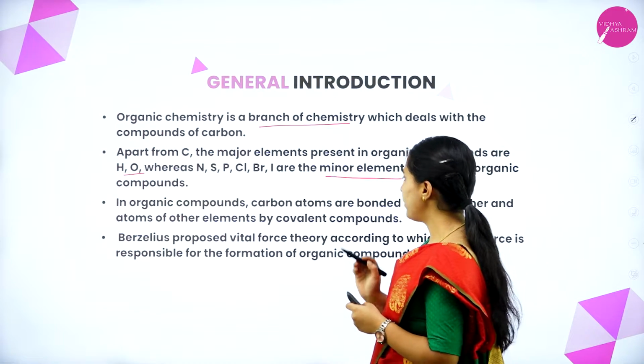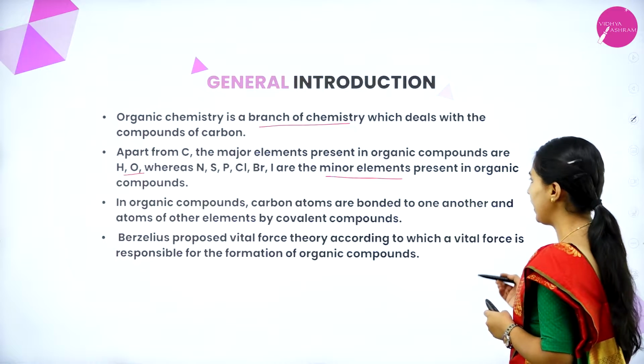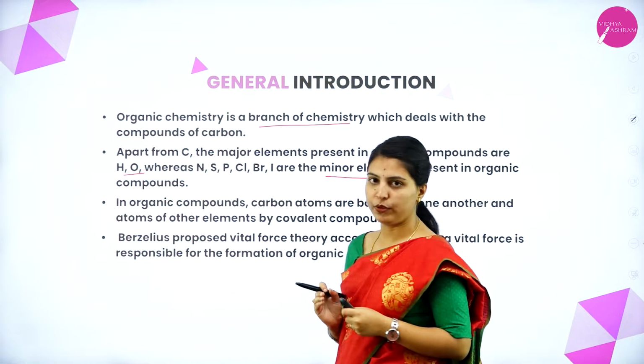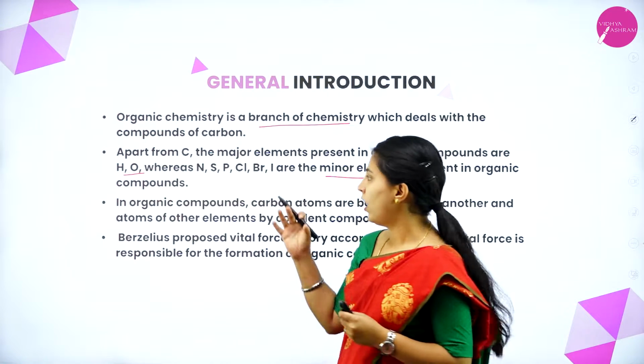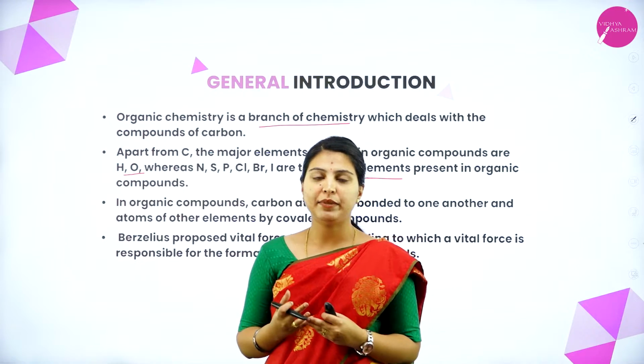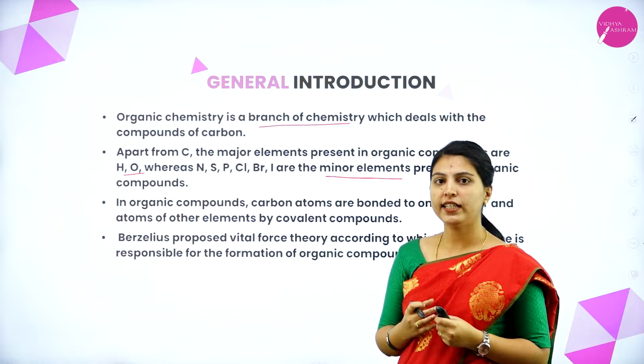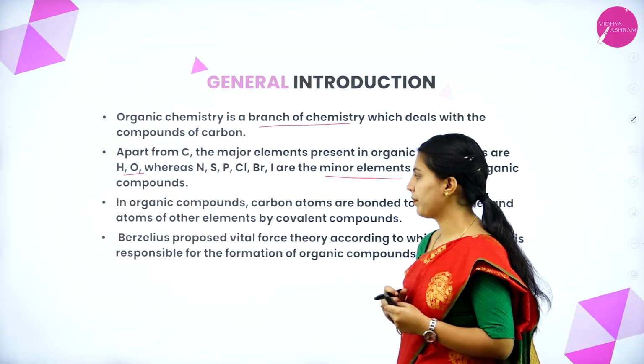Whatever compounds contain carbon, we call them organic compounds. There are so many heteroatoms, such as nitrogen, sulfur, phosphorus, chlorine, bromine and iodine. In organic compounds, carbon atoms are bonded to one another and to atoms of other elements by covalent bonds. We know carbon is bonded with other elements by covalent bonds. Those compounds we call covalent compounds.